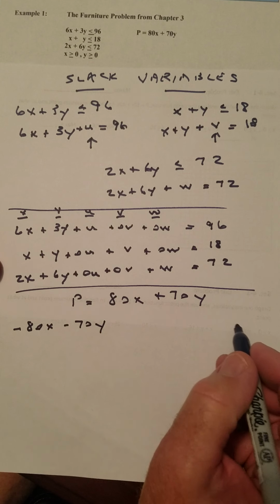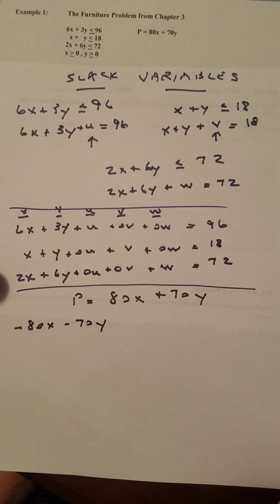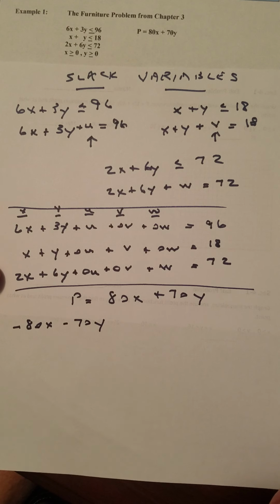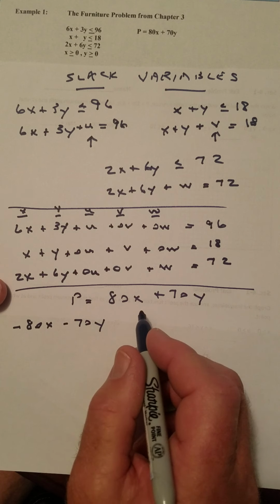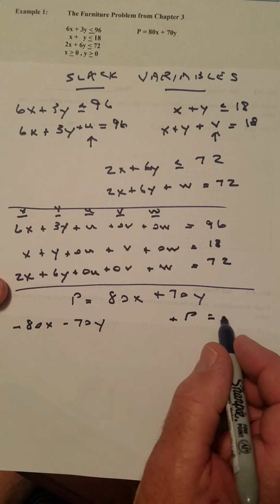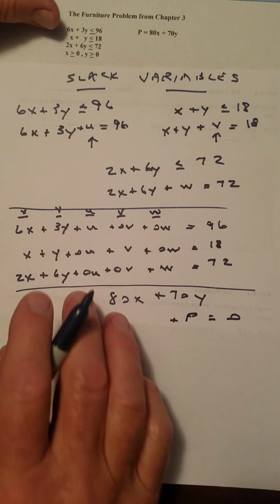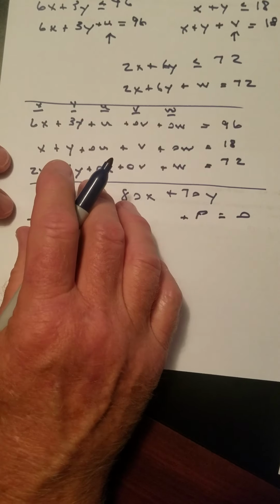And then the p is going to be over here someplace for right now. I'll just put plus p, and that is equal to 0. Okay, so now here's how the matrix gets set up.